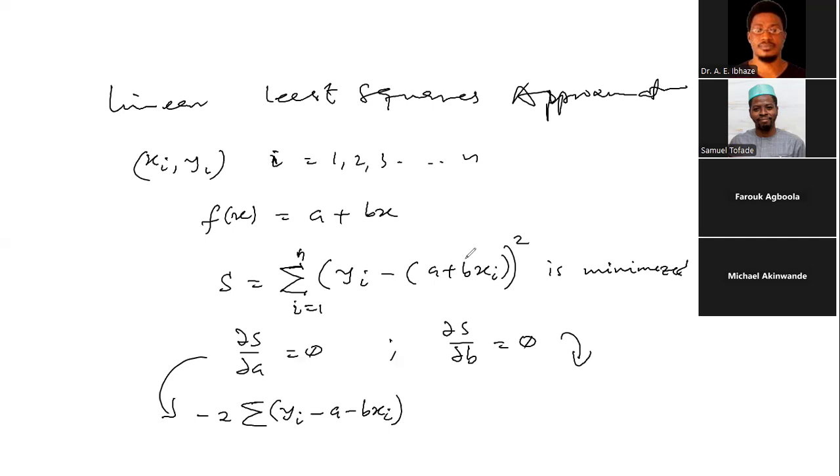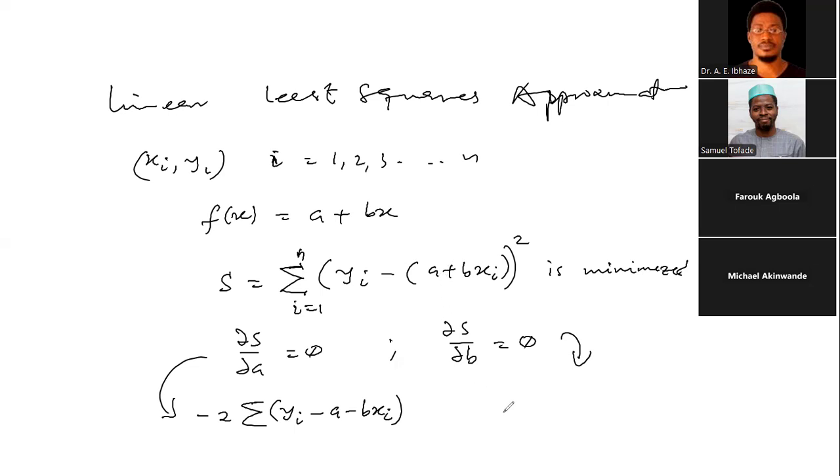And when we do this with respect to b, it means that the 2 is also going to come out of this sum. And then the function here is -b, so the negative sign will equally come out.